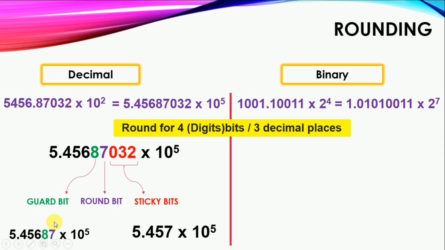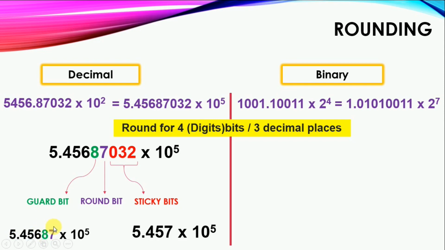Rounding down means you write the number as it is, 5.456. If the combination value is less than 50, in the range 0 to 49, at the time of rounding I can simply write 5.456.